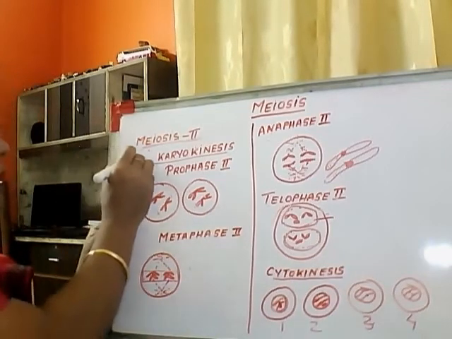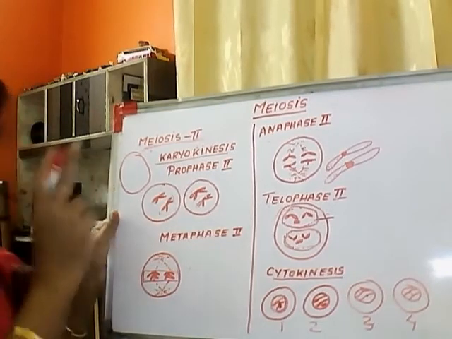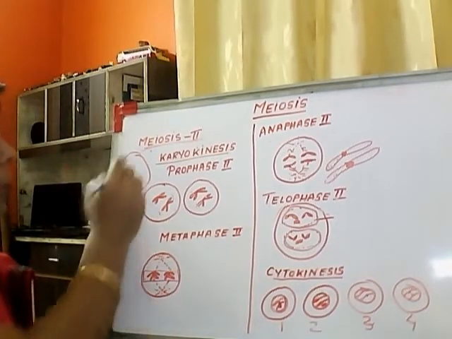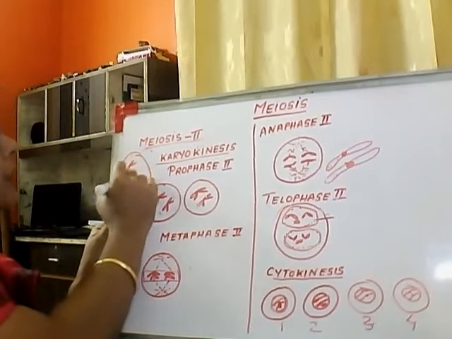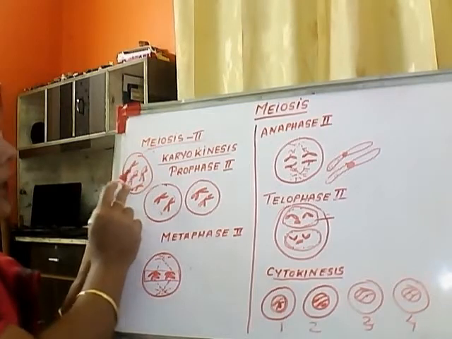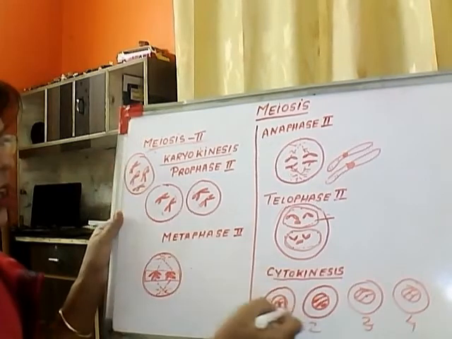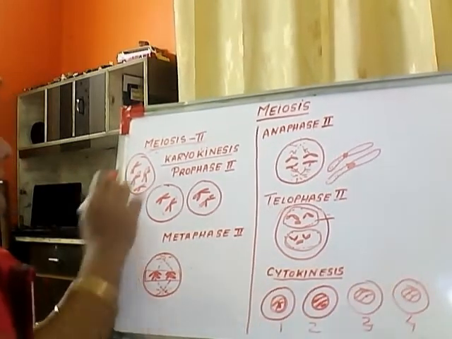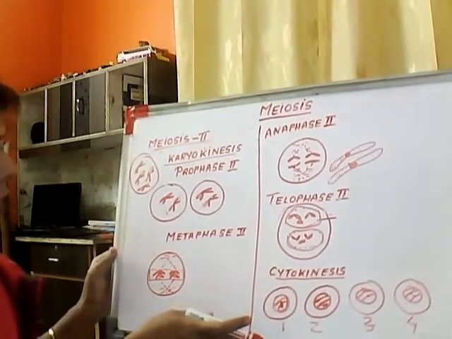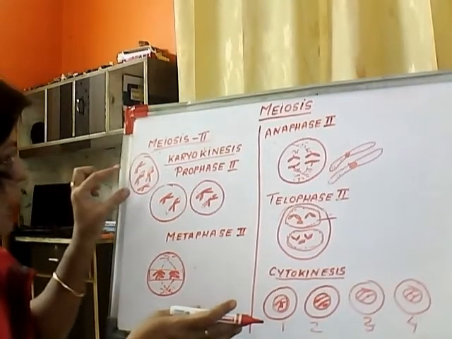But if we think about the original parent cell which had started meiosis 1, at that time they were having 4 chromosomes. So these 4 chromosomes have ultimately been reduced to 2. The reduction division actually takes place in meiosis 1.